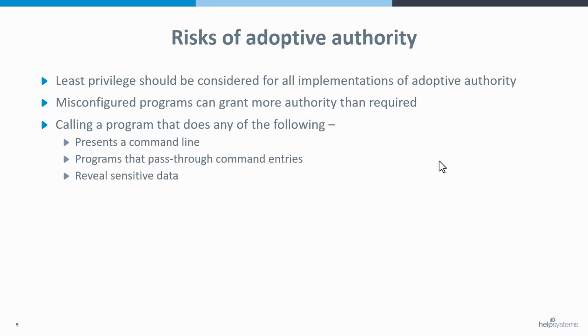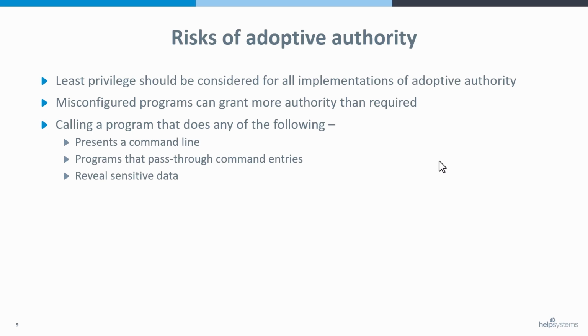So limited capabilities has nothing to do with the screen that they're on. When they press enter and that text string, that command, is passed to that command program, you want to ensure that that command program is not granting them access that they shouldn't have.